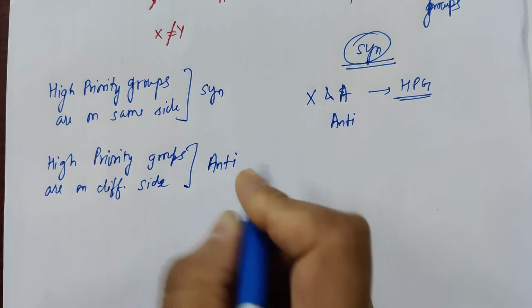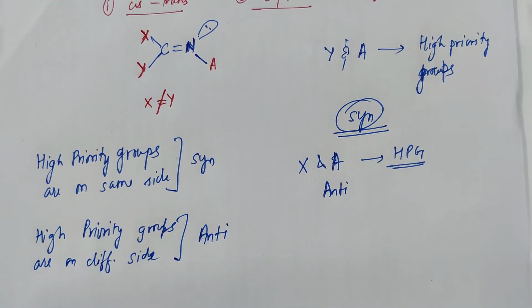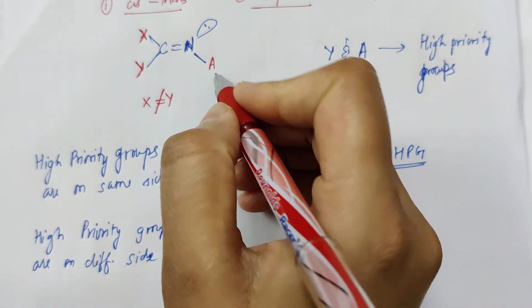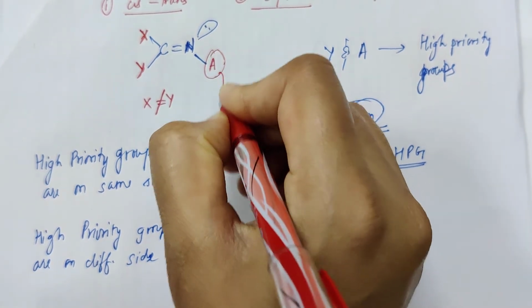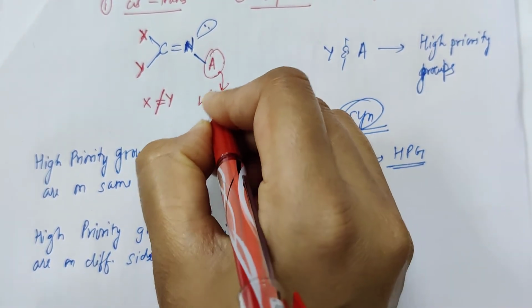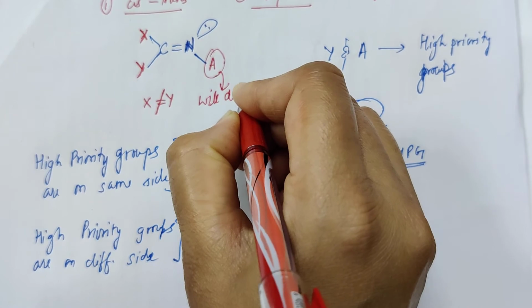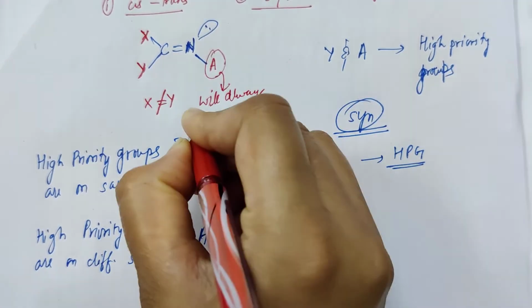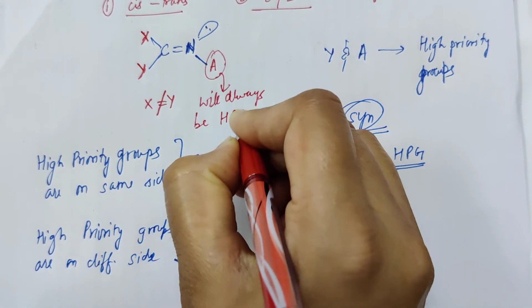Now how do we assign the priority? Assigning the priority on the right hand side, or you can say on the nitrogen side, is simple. Whatever group is attached, this group will always be the high priority group.